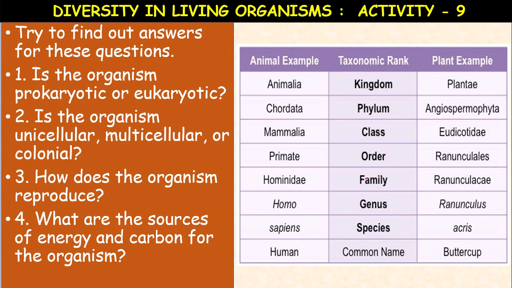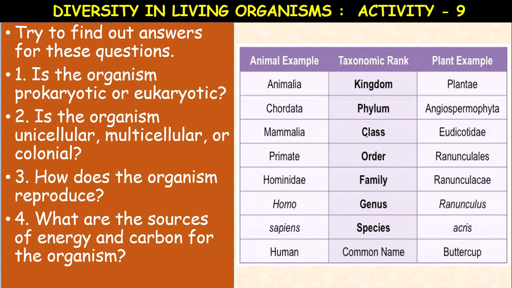As we go from top to bottom, the similarities will increase. As we go from bottom to top, similarities will decrease, because the taxa size is increasing from species to kingdom. As the size of the taxa increases, the number of similarities will decrease.